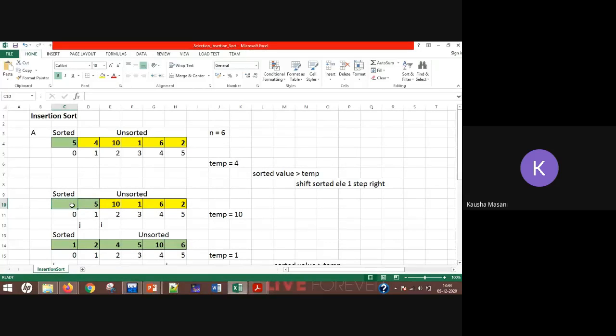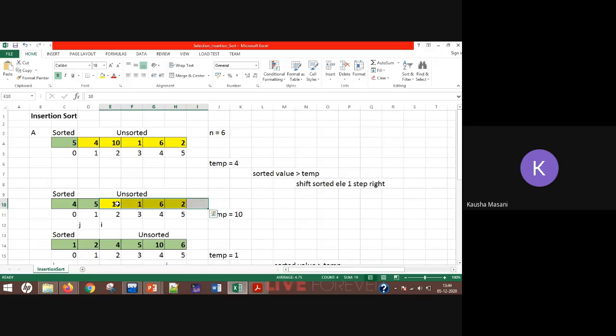Okay, so यहाँ पे मेरी कोई वैल्यू है नहीं. Okay, I am at index 0 and which is empty, तो यहाँ पे 4 डाल दूंगी. ठीक है, तो अभी देखो 4 और 5 मेरे sorted list का part है. Okay, 10 1 6 2 are the part of my unsorted list. ये स्टेप समझ आया?